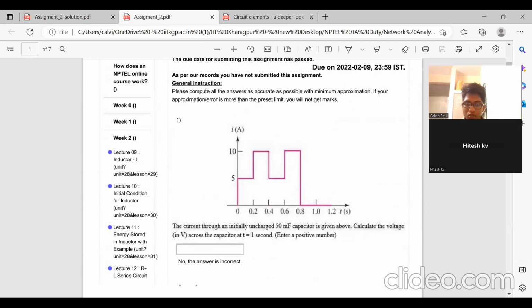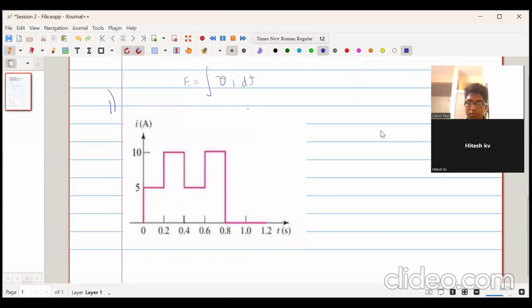So let us start solving this. This is the current across the capacitor. We know the equation: current flowing through a capacitor is given by C into dV upon dt.